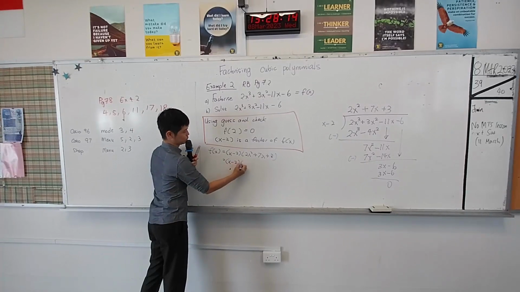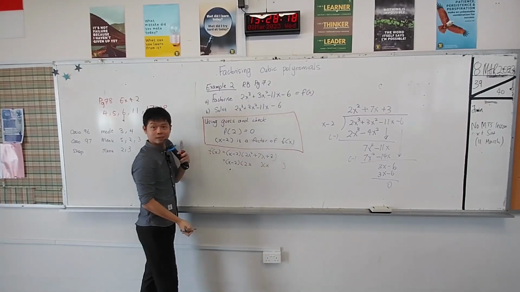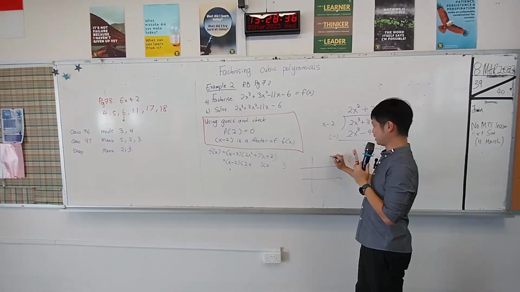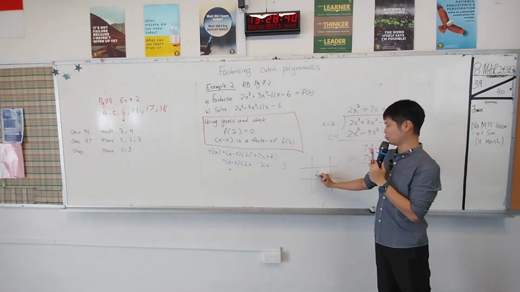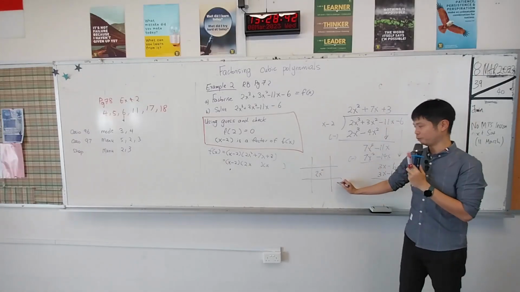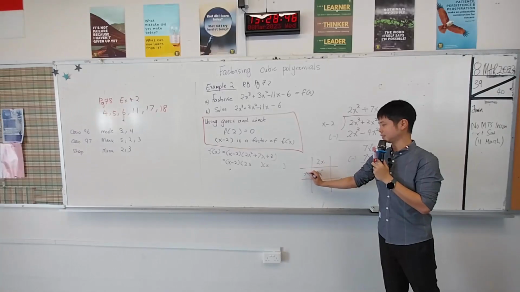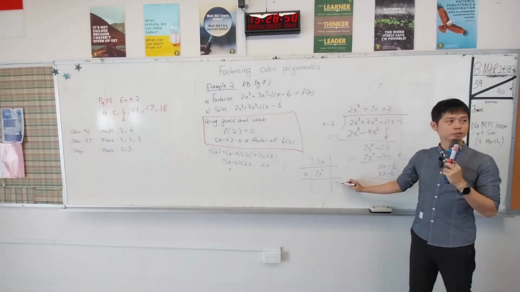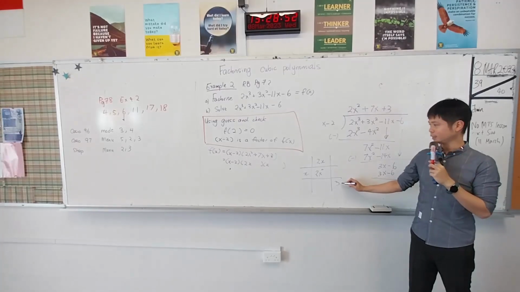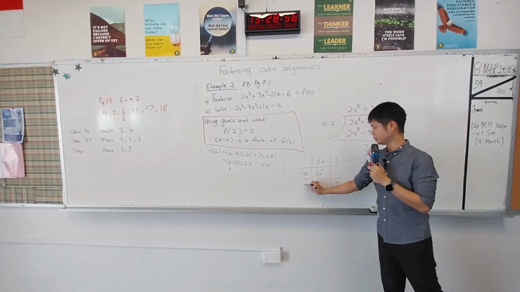x minus 2, then you factorize the rest as per normal using the frame method. This is 2x squared, and I start here with 3. So I have 2x and x. I will try factors of 3, which are 1 and 3. So I try 1 here and 3 here.